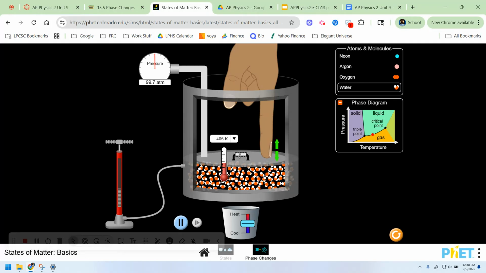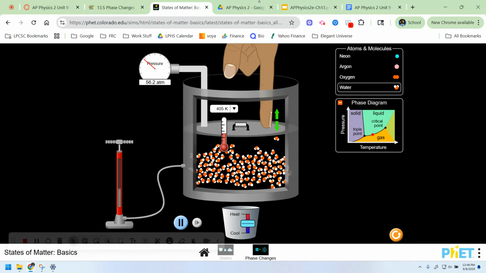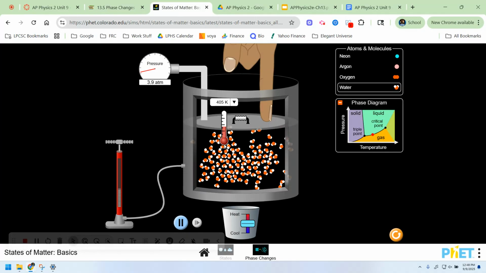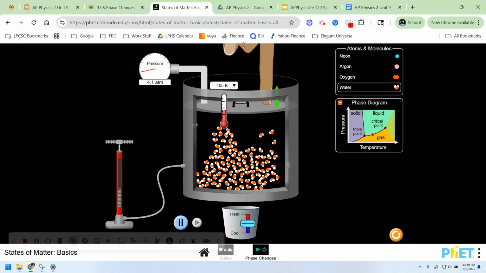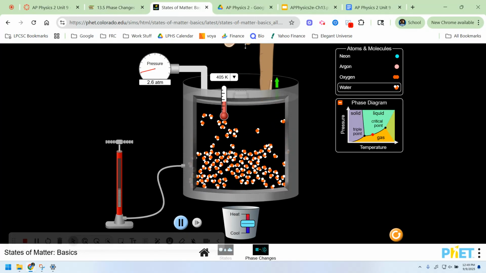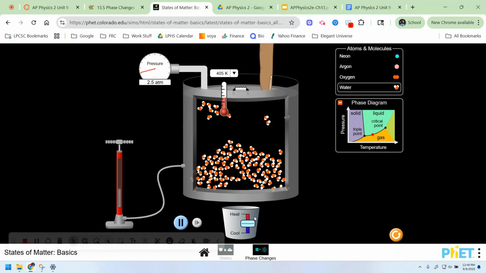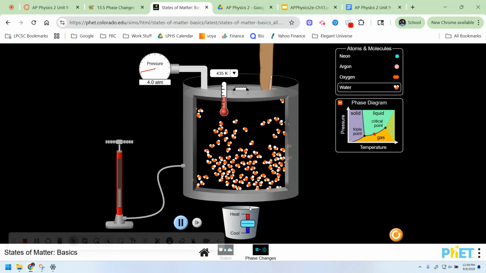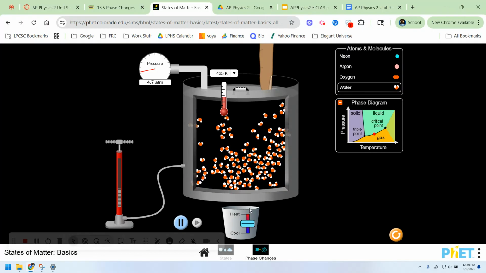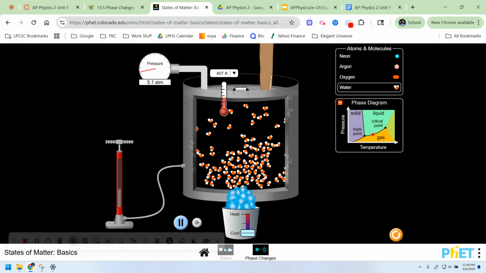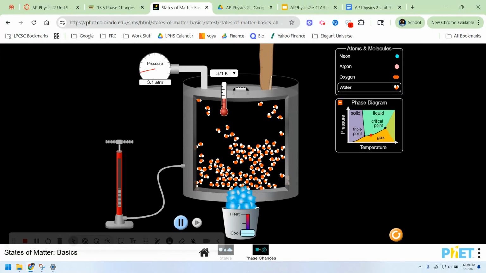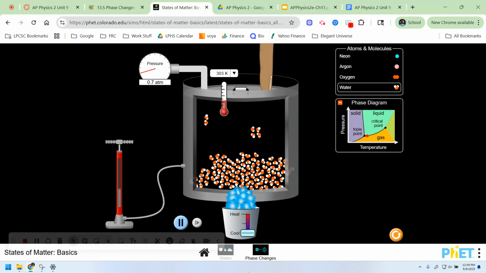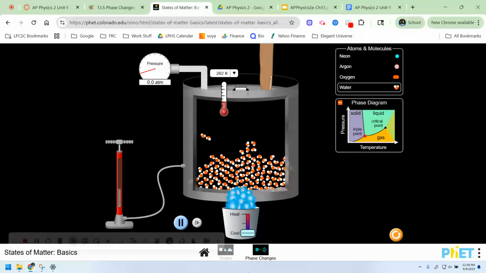Now if I change the volume, notice that my pressure goes down. And now the water molecules have more room to move. Okay? And boiling is 273 plus 100, so it's already at boiling point, so this should be a vapor. But if I cool it off, the pressure goes down, and I can make it look like a liquid.